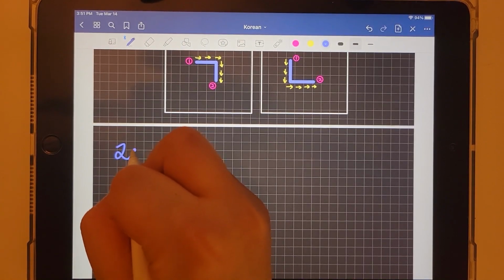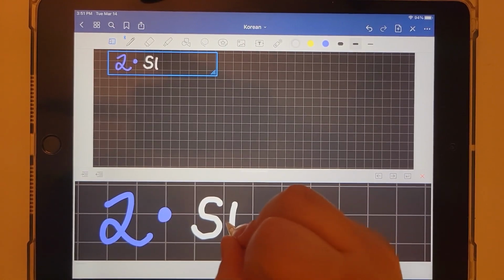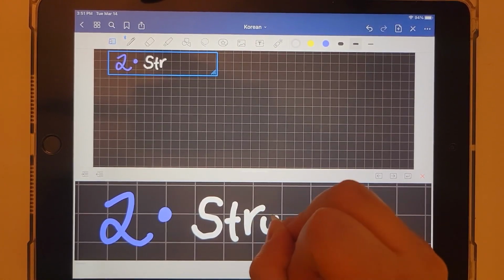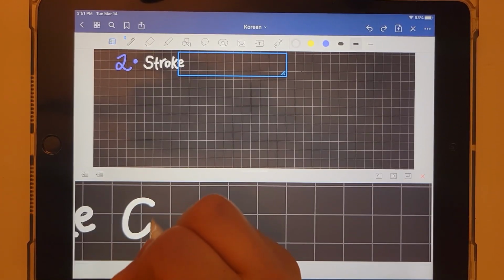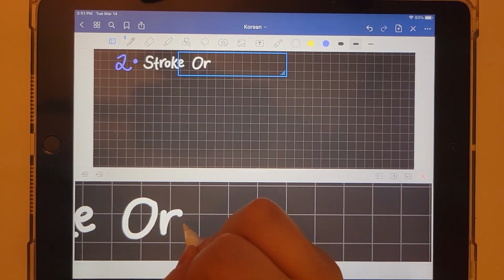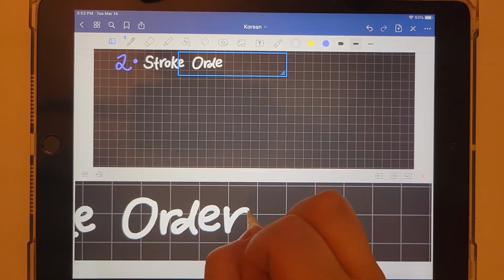Alrighty, great job, guys. We went through the type of strokes. So now, the next thing on our list is the stroke order.